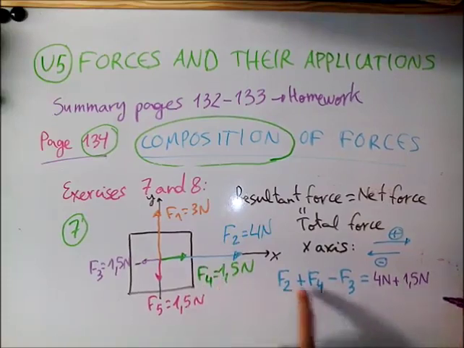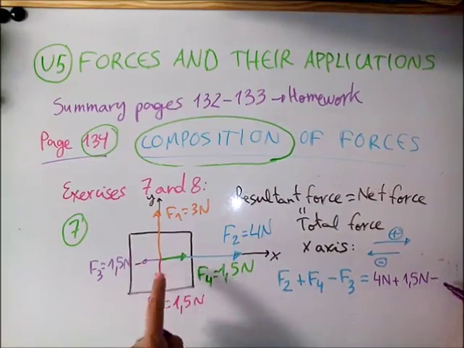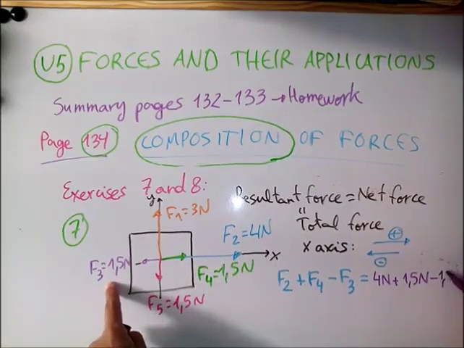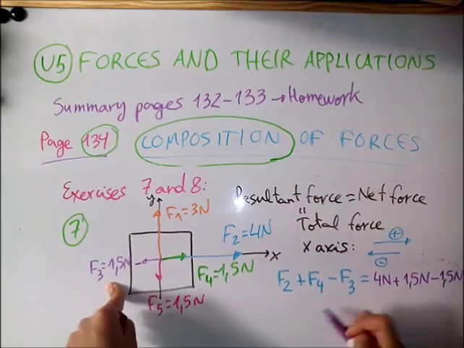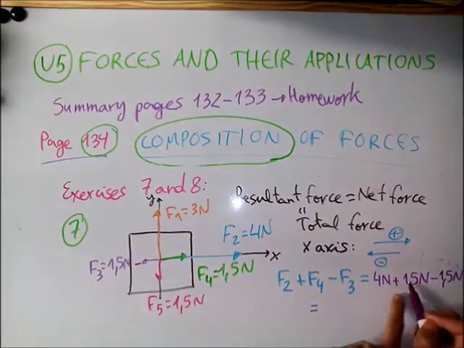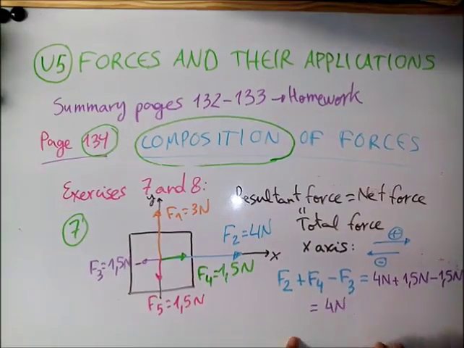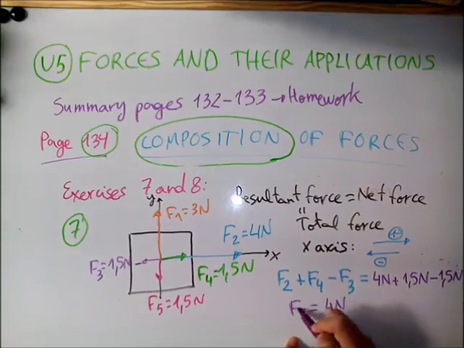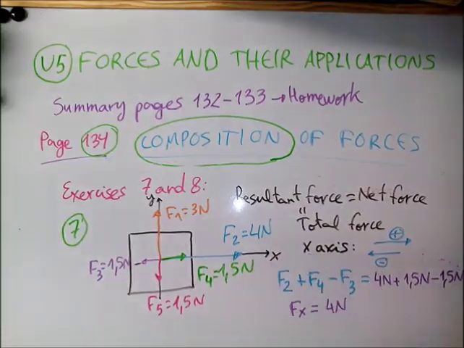So these two forces, 2 and 4, go to the right. And then I subtract 1.5 Newton, which is force number 3, okay? So I get a total solution. 1.5 minus 1.5, they cancel, so I have 4 Newton, okay? I'm going to call this Fx because it's on the x-axis, okay?